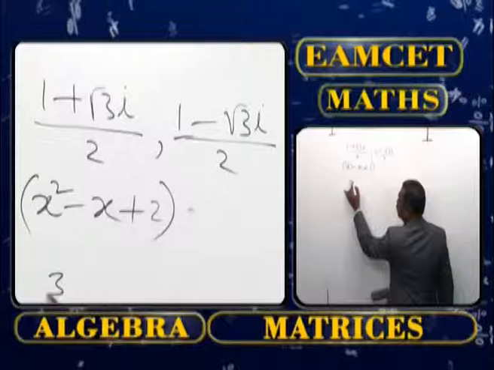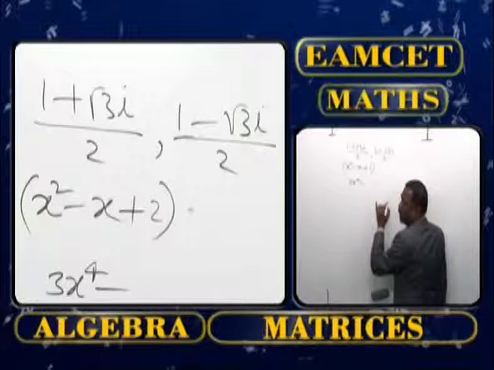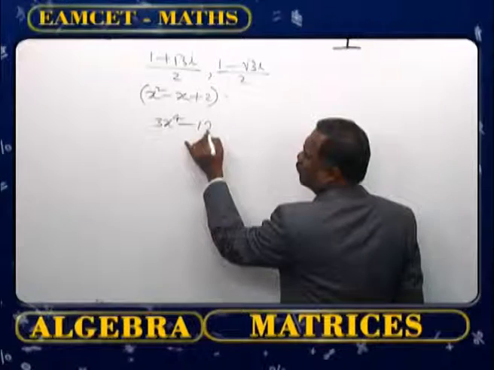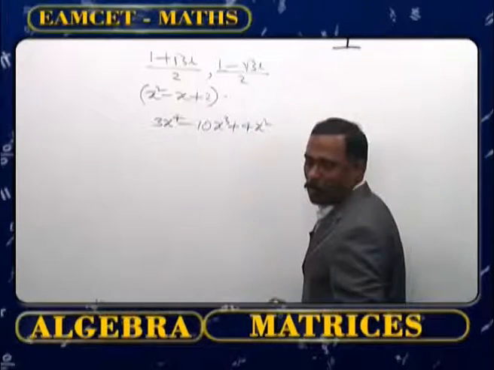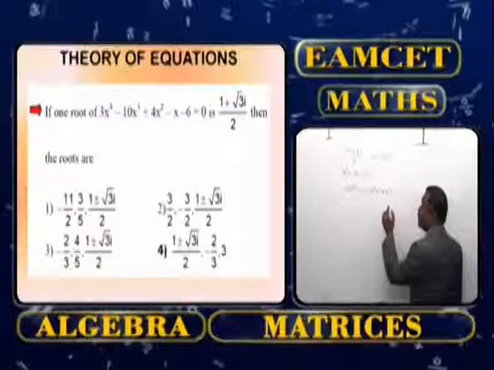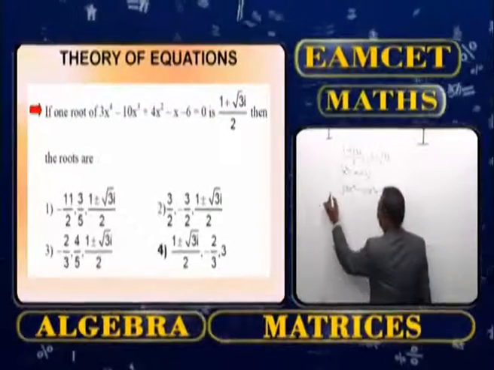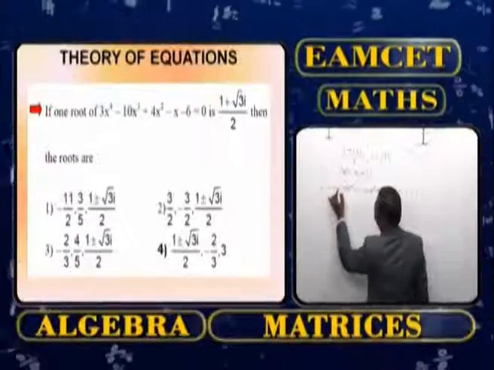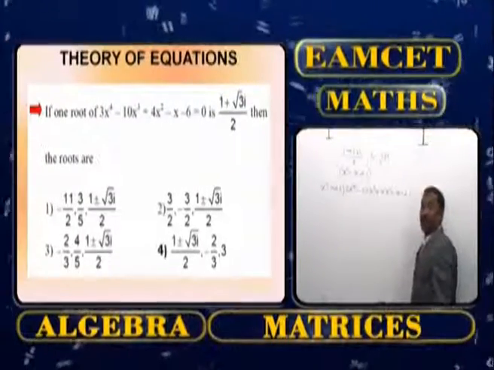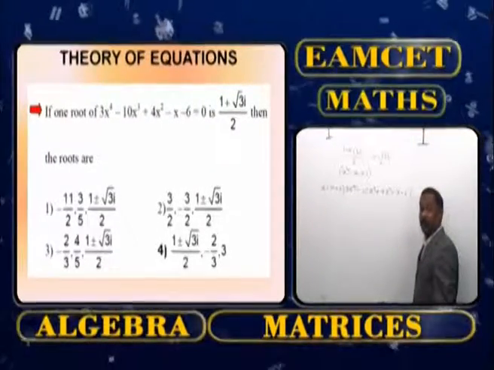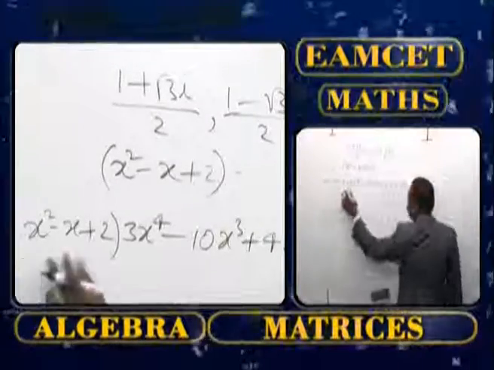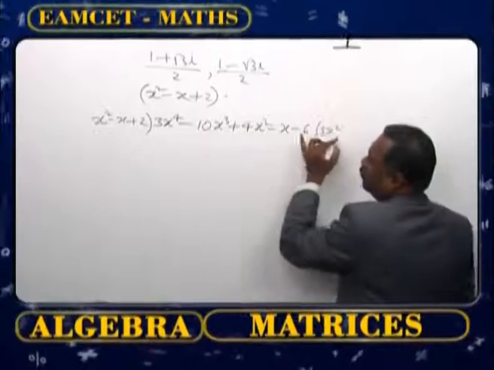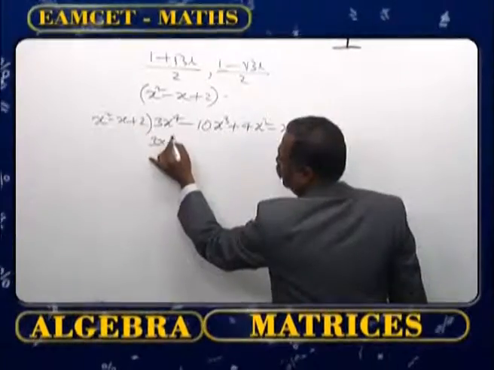So divide 3x^4 minus 10x^3 plus 4x^2 minus x minus 6 by this one. The division process, do you remember? You must remember, because you have learned it in your lower classes itself. So you multiply with 3x^2, then it will be 3x^4 minus 3x^3 plus 6x^2. Subtract: minus 7x^3 minus 2x^2 minus x.